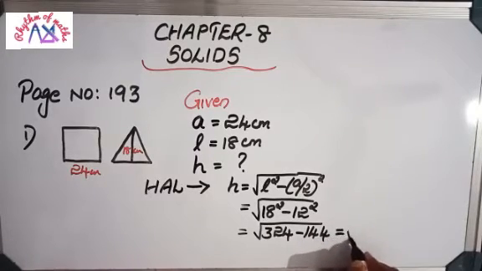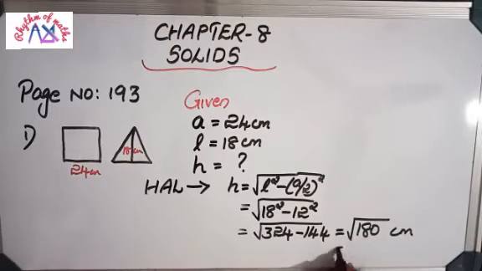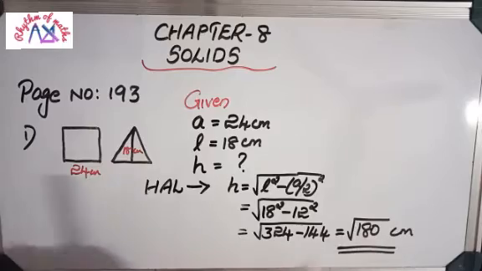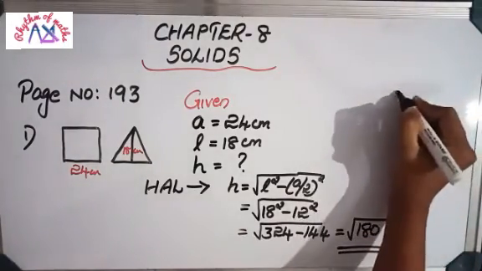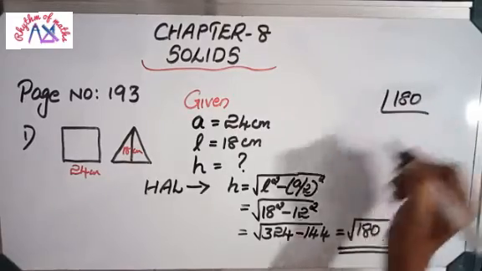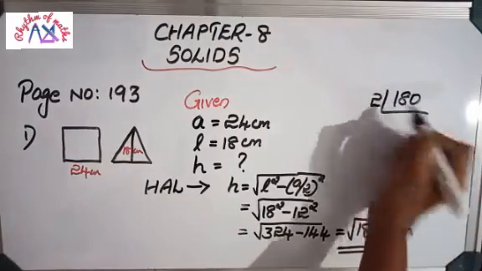Now when you subtract this, you will get the answer as root 180 centimeter. You can stop here. No need to simplify, just to find height. So here H equal to root 180 centimeter. If we need to continue the problem, you can simplify it like this, just by factorization. So here 2 we can consider.